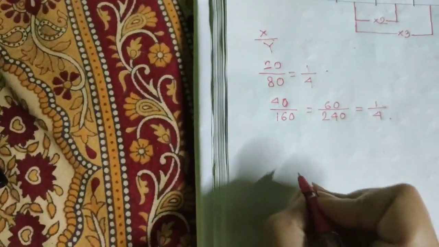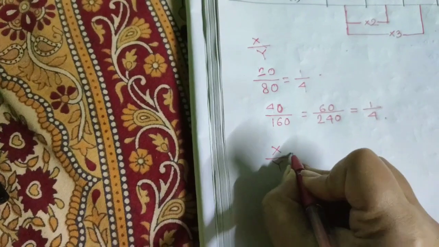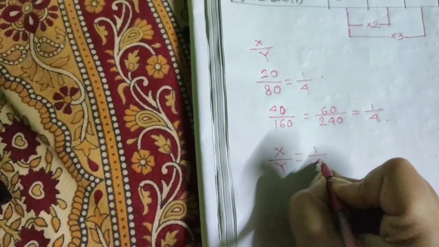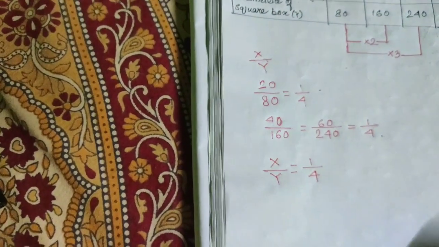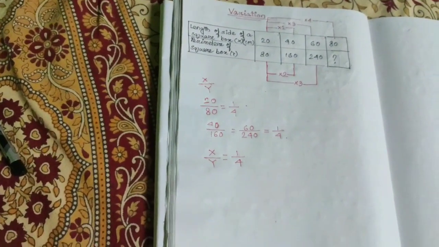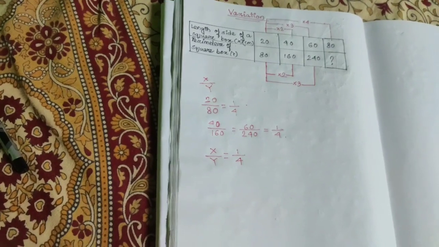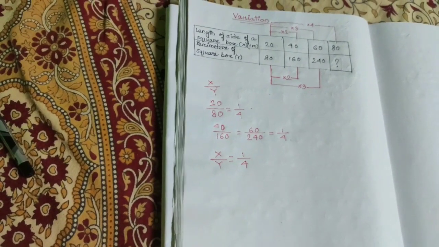Here x by y is a constant term, that is equal to 1 by 4. Then the relation between the variables x and y is called direct variation.